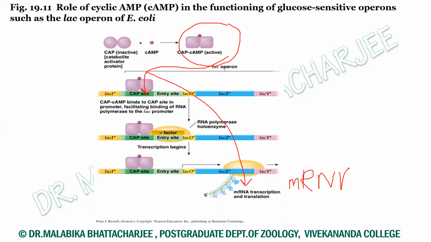Hence, it is known as positive control of Lac Operon, as compared to the repressor molecule, which when it binds to the operator results in no production of mRNA. So this is the difference. This is known as a positive control because mRNA production has increased, and that is known as the negative control because repressor protein results in switching off of the operon. So this is catabolite repression.